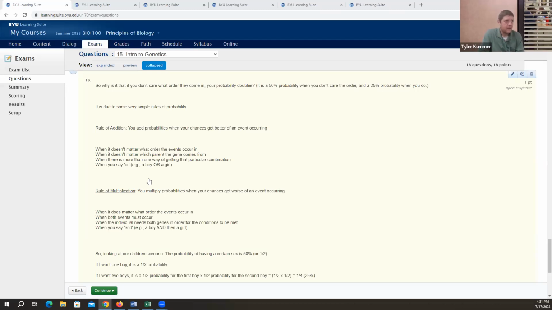So let's say we want to get a boy and a girl out of our first two children. Well, what's the probability that we're going to have either a boy or a girl as that first child? It's 100%, right? And then what's the probability we will then get the opposite?